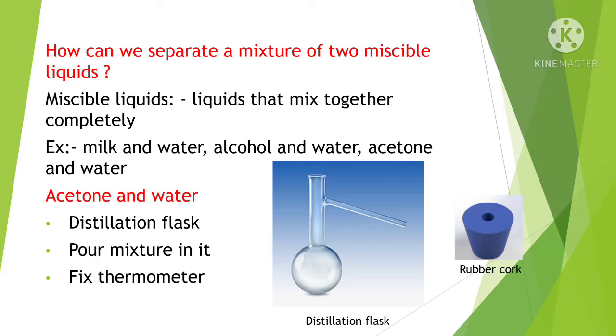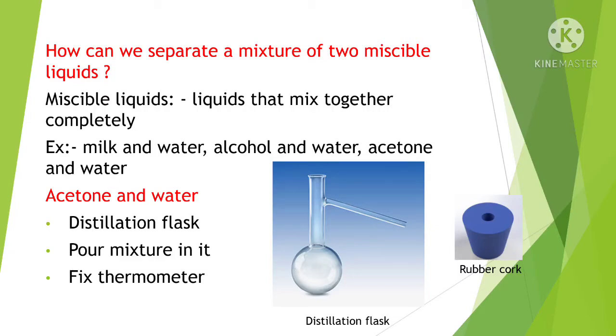We will use a rubber cork that has one hole in it. Why should the rubber cork have one hole? Because we are going to fix one thermometer in that hole so that we can measure the temperature inside the flask. So we will use a rubber cork, and from that hole we will insert a thermometer.